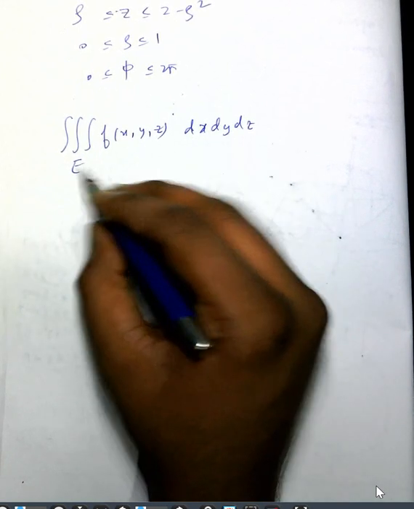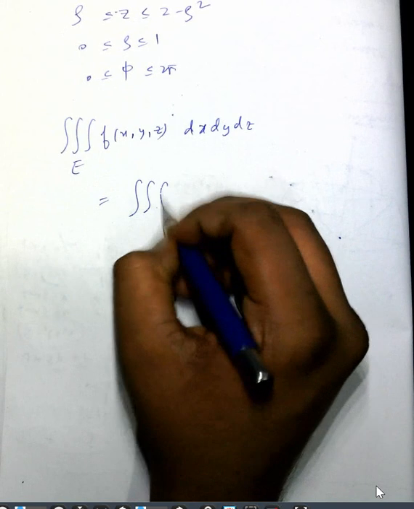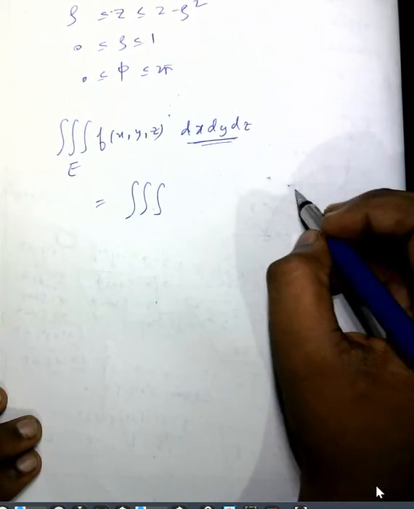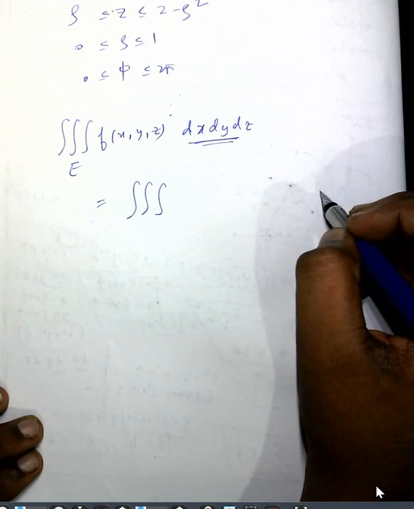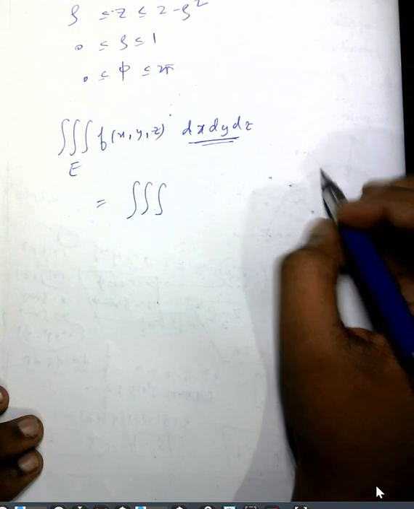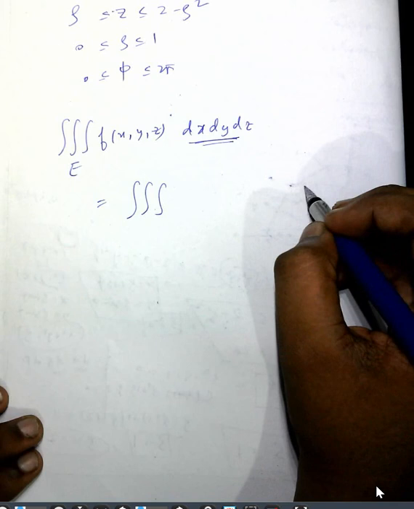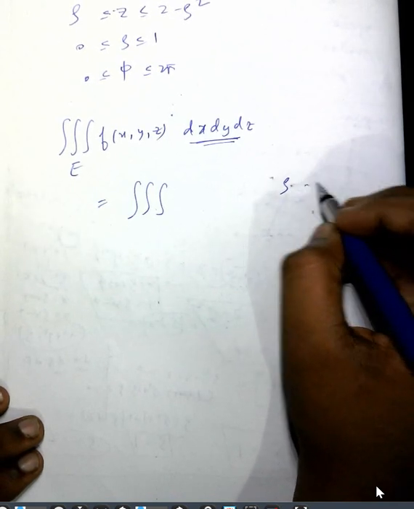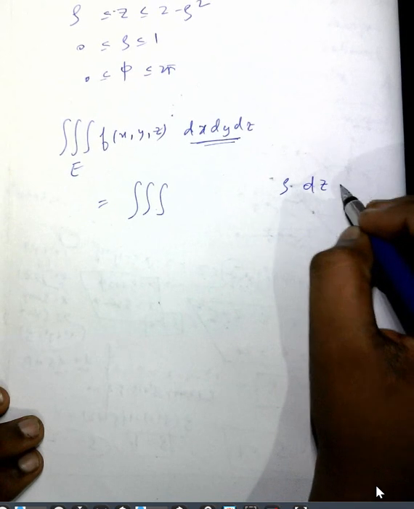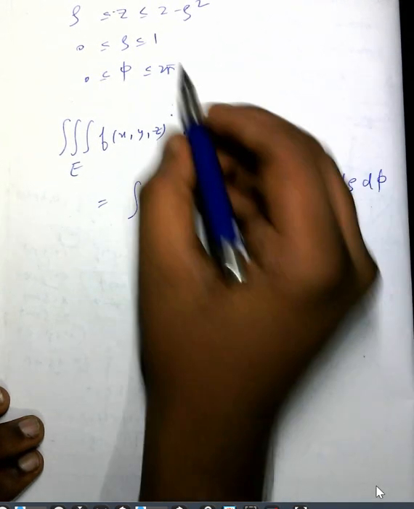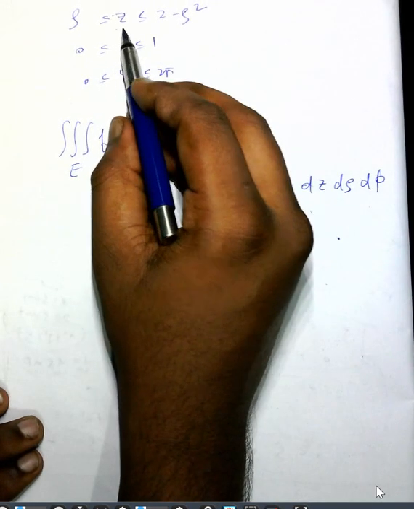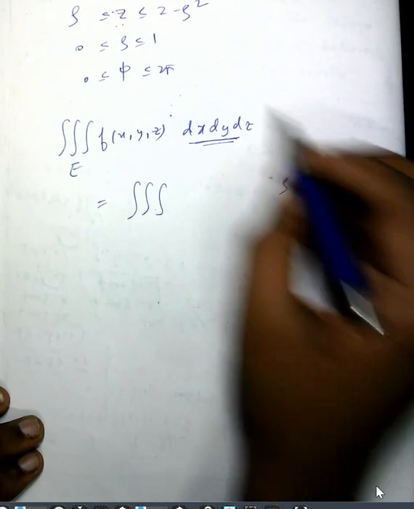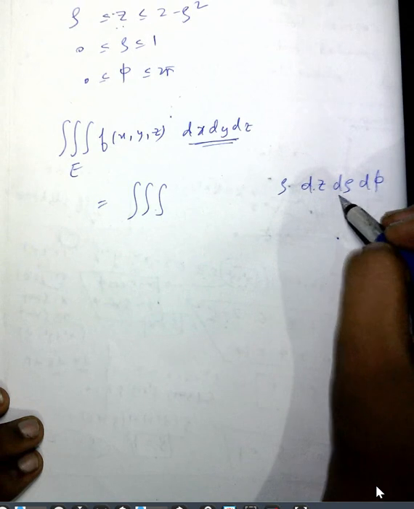Remember that whenever you want to replace something in Cartesian with something in cylindrical coordinates, you always want to include this rho here. So this will be rho dz d rho d phi. That is because we have expressed z in terms of rho, so we have to first include z and then rho and then phi.